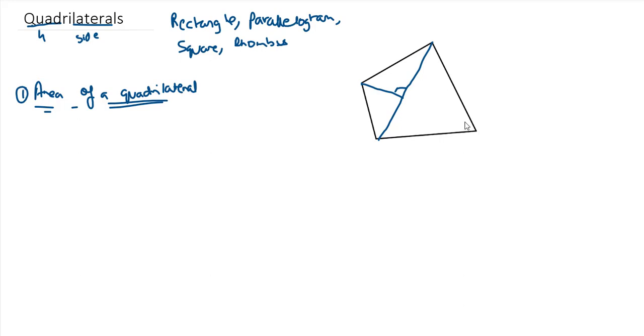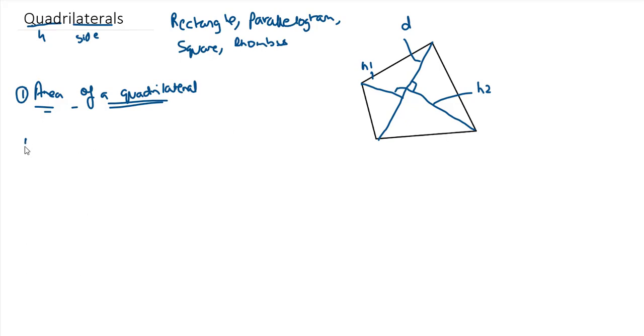Similarly, if I drop another perpendicular from this vertex to this base, so this part will be perpendicular to it. So for this triangle, this will be the base and this will be the height. Let's say the length of the diagonal is d, length of this height is h1 and length of this height is h2. So if we separately find the area of the two triangles and add them, we'll get the area of quadrilateral.